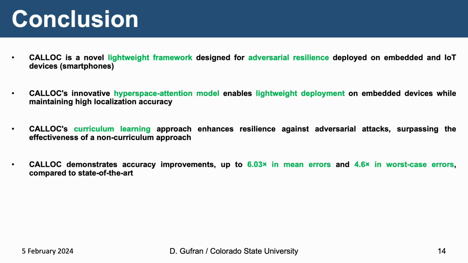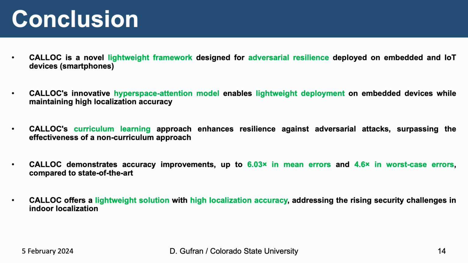CALLOC demonstrates accuracy improvements up to 6 times in mean errors and 4.6 times in worst case errors compared to state-of-the-art. CALLOC offers a lightweight solution with high localization accuracy, addressing the rising security challenges in indoor localization.